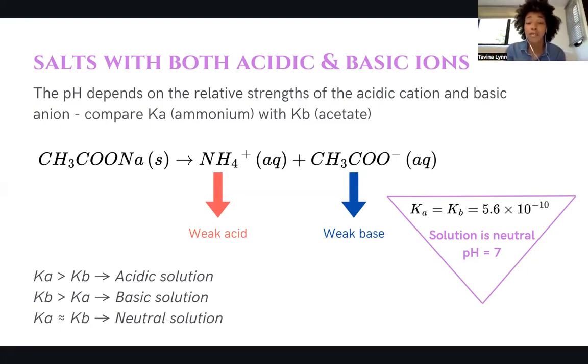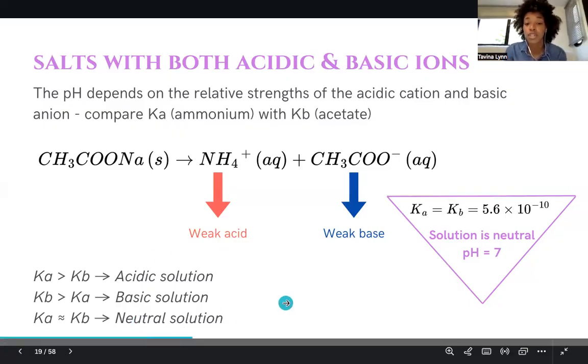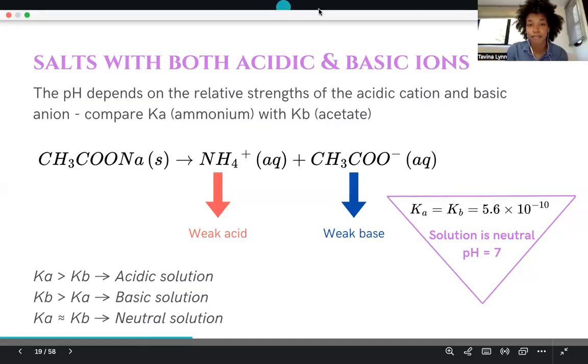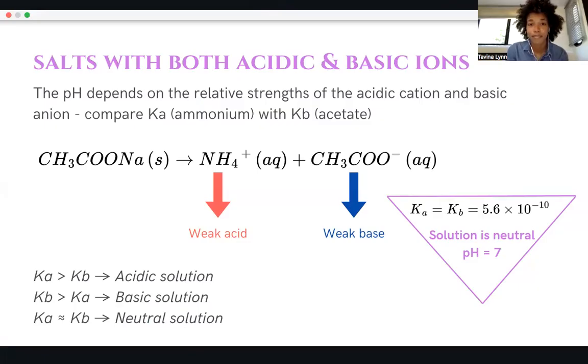And then we also have some salts that will release acidic and basic ions, and for those, to determine the pH, we have to compare their Ka and Kb to determine if the solution is neutral, acidic, or basic. So this concludes hydrolysis of salts.